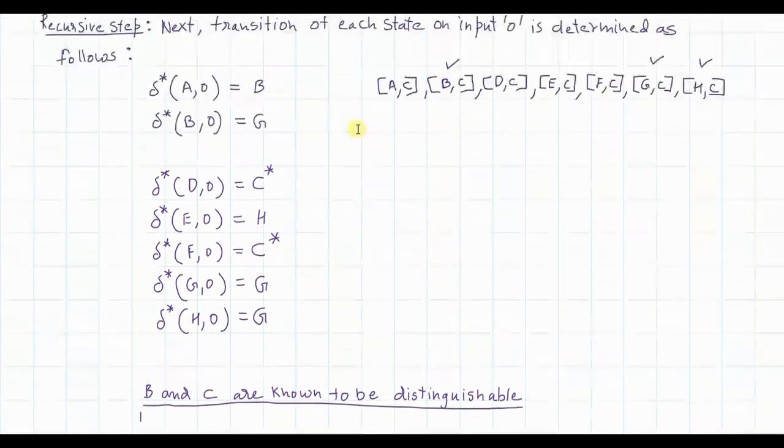Now we are trying to find out some more results. You only consider those transitions where B and C are involved.